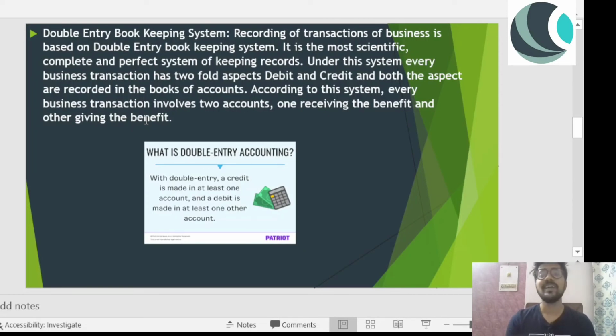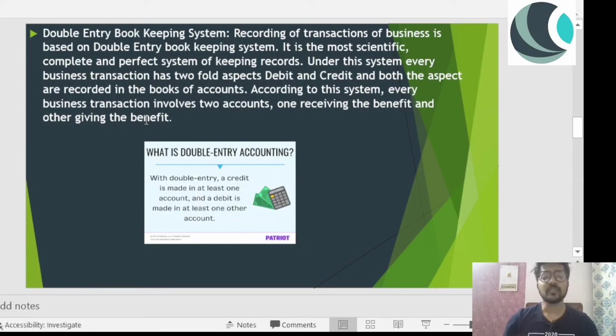If we go by the accounting equation, an increase in asset basically means debit, and a decrease in asset means credit, right? So under this system, every business transaction has a twofold aspect, debit and credit, and both aspects are recorded in the books of account.